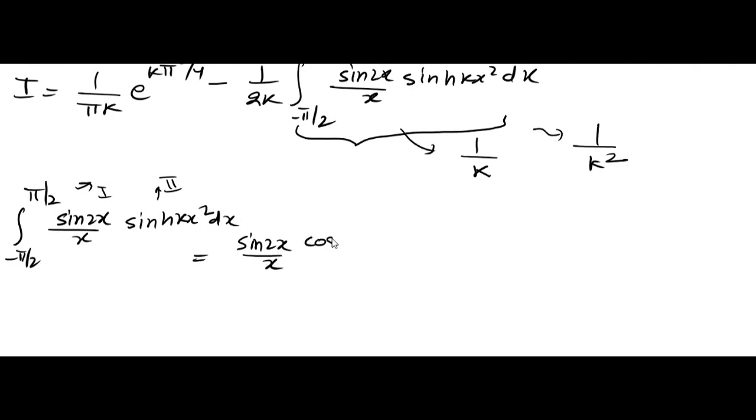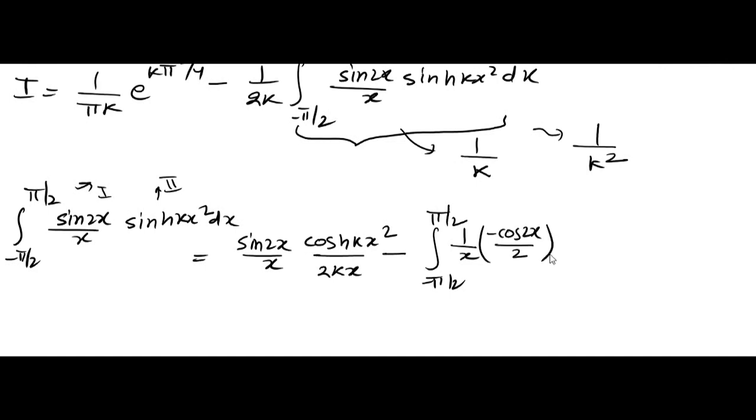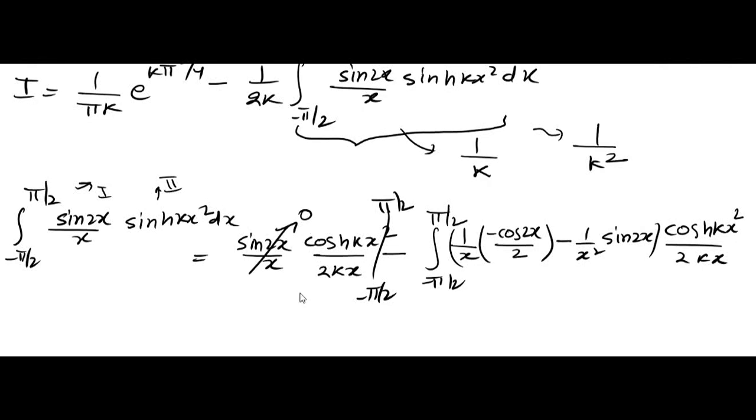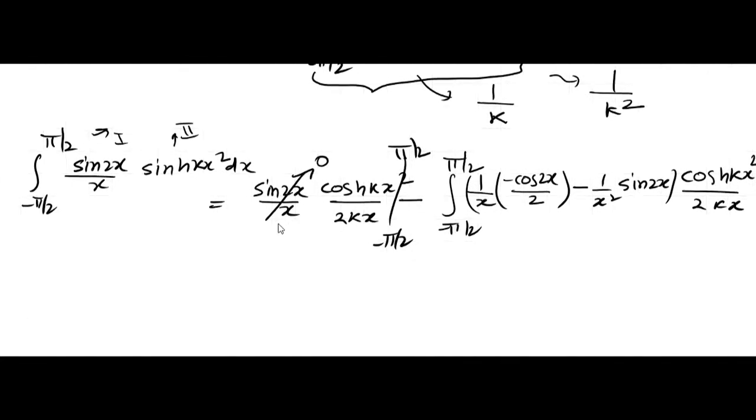The integration of this is cosh(k x square) by 2kx, and minus the integral from minus pi by 2 to pi by 2 of the differentiation of sine 2x over x, times the integration of sinh, which is cosh(k x square) by 2kx. If we put the limit from minus pi by 2 to pi by 2, the boundary term will be 0, so that term will not be there.